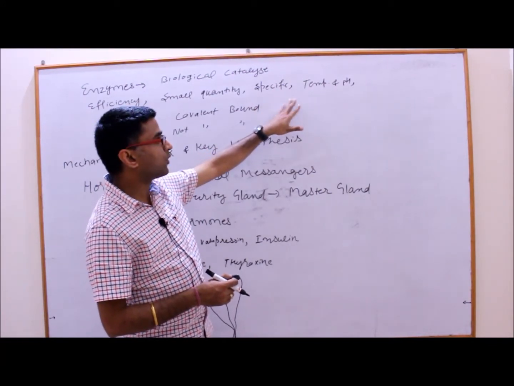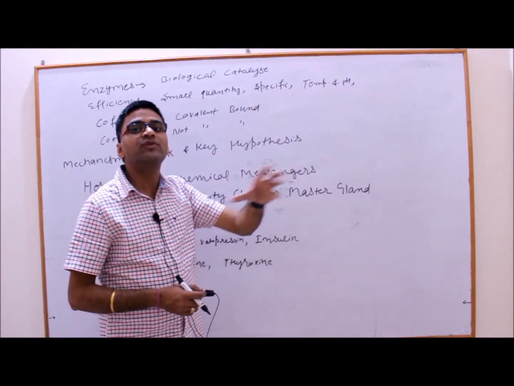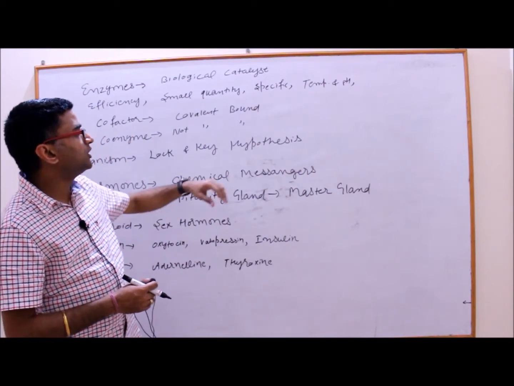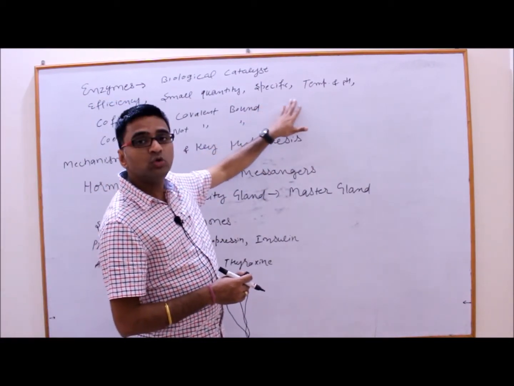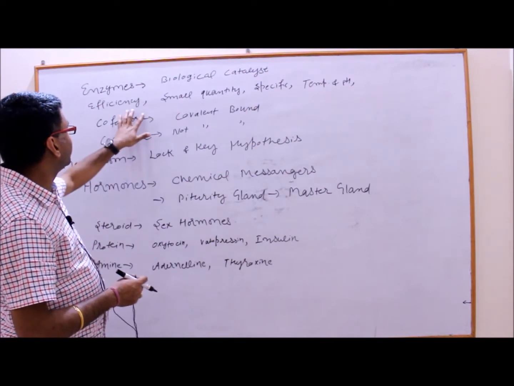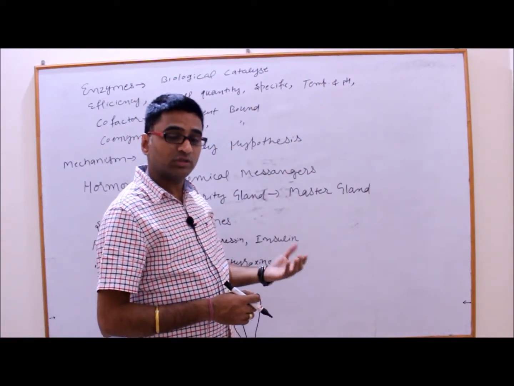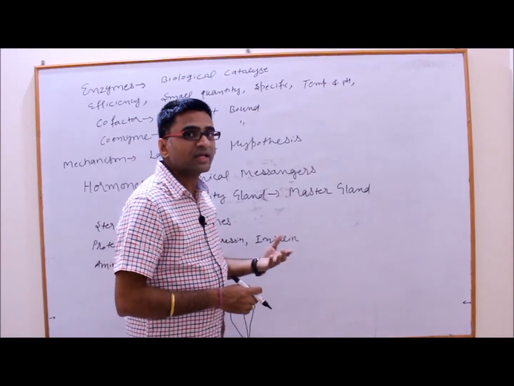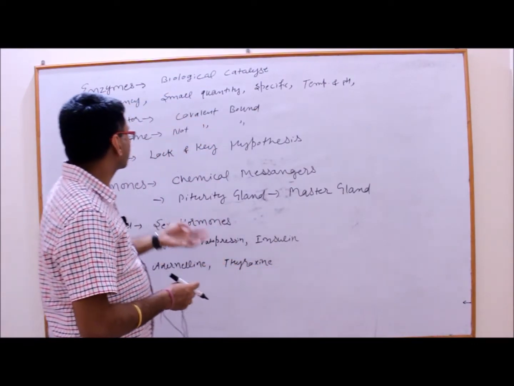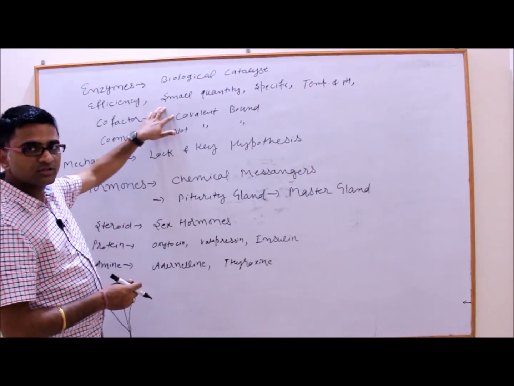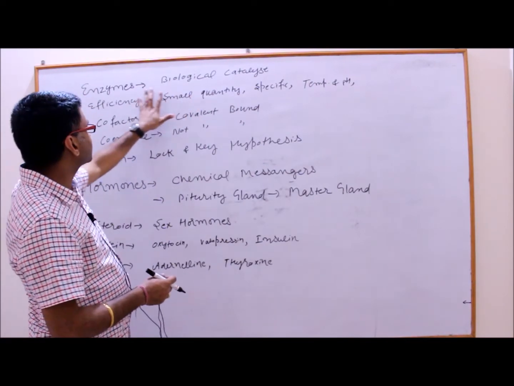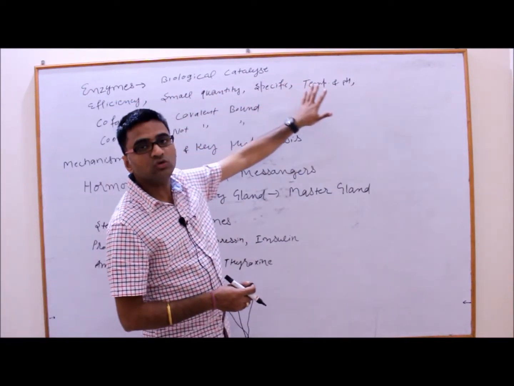It has been found that one enzyme can act on different substrates also. So in this case, the enzyme loses its specificity. In terms of efficiency, certain enzymes are extremely slow. They can do some reaction definitely, but the rate of reaction is not that fast. So they are not that efficient also. But in major cases, these parameters hold true.